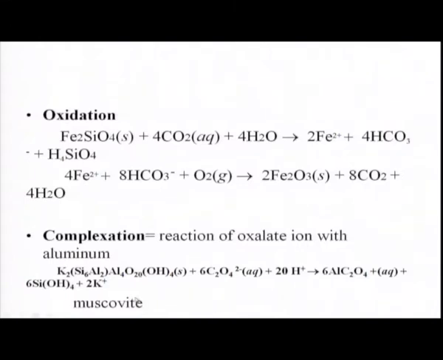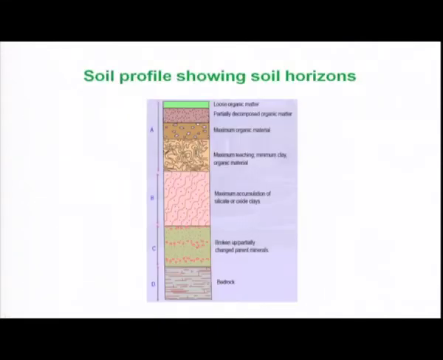So, the silicate originally containing aluminum silicate is solubilized in the presence of oxalic acid into its water soluble oxalate component.